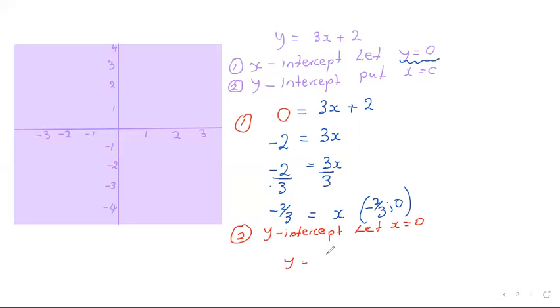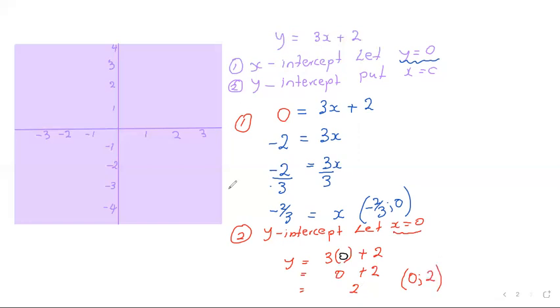Y is 3, but you said your x is 0, plus a 2. 3 times 0 is a 0, plus a 2 there. That will be a 2. In a coordinate, we chose x 0. There's x there. Y is a 2.